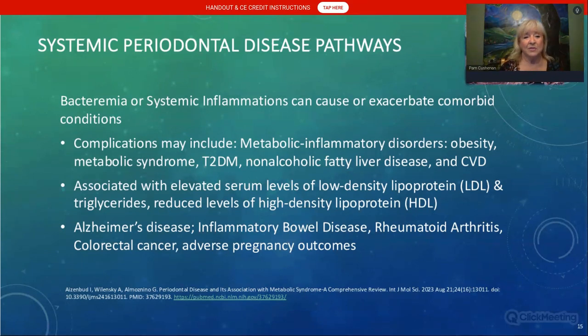Also, other direct relations are Alzheimer's disease, inflammatory bowel disease, rheumatoid arthritis, colorectal cancer, and adverse pregnancy outcomes. And I'm emphasizing some of these words because without really looking into systemic issues, I had never even considered colorectal cancer, for example, or inflammatory bowel disease.